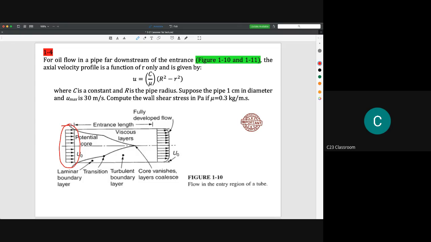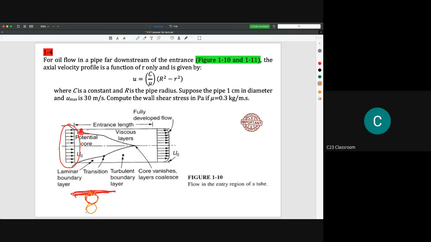When it enters the pipe, the molecules at the wall stick very hard and stop. So this is the wall, and we have a molecule here which is 100% stopped. The velocity is 0 now.